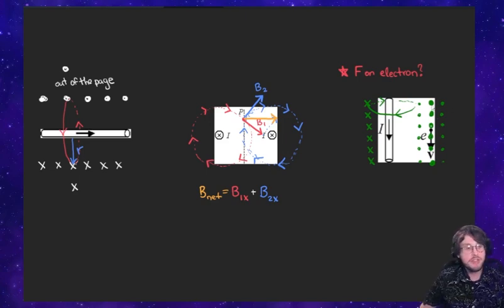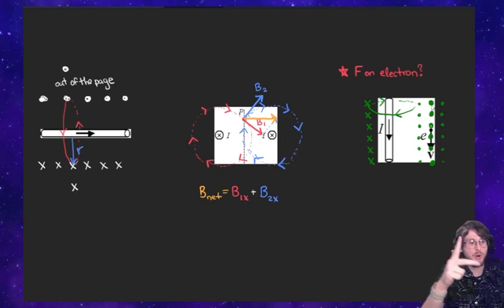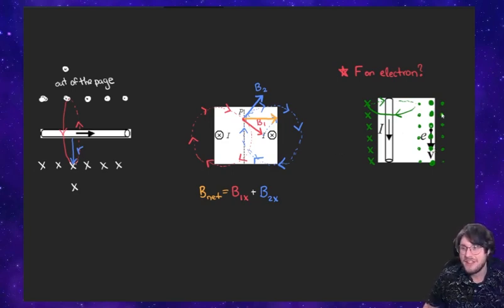So now if we want to find the force on the electron, we have to call upon our previous right-hand rule for magnetic force, which is more of a finger gun than a thumbs up. Now there's one extra trick here, which is that the electron has a negative charge.